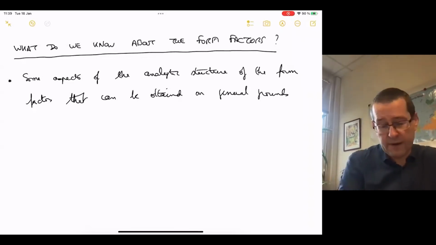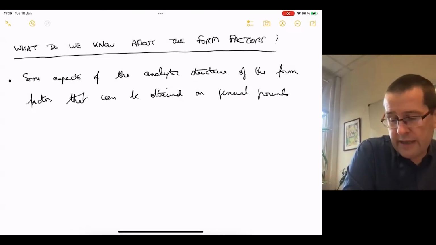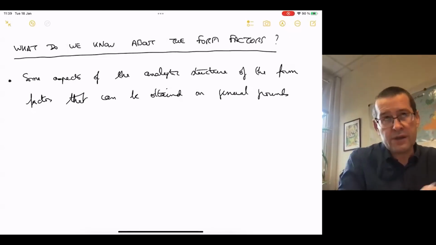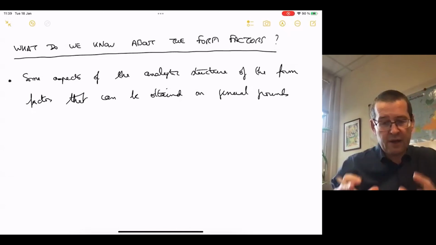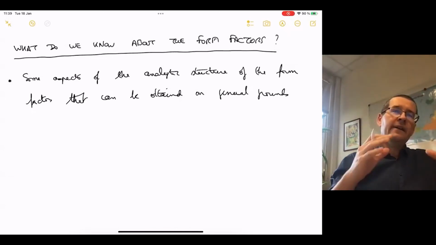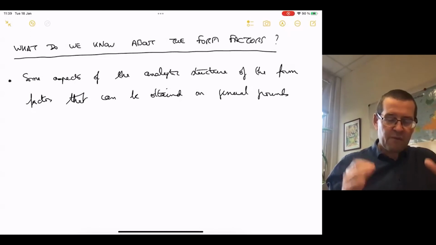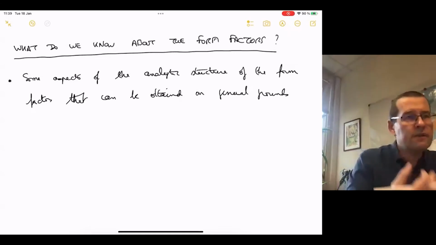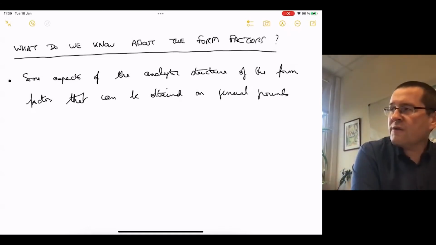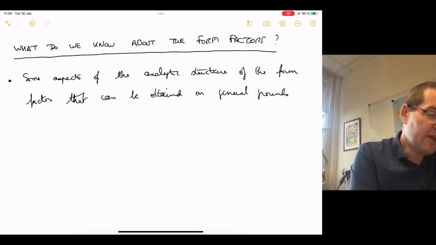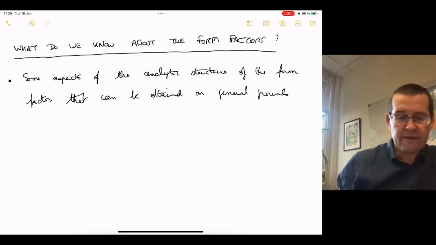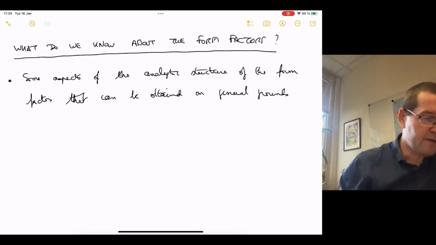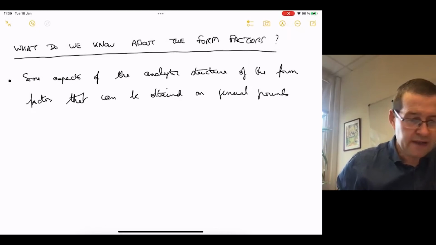You have to use the LSZ formula in order to project the information that is contained inside this correlator down to very specific states. As an analogy, it's not the same thing, but as an analogy, you do have information on the form factors that goes beyond what you need just for the computation of a given process.